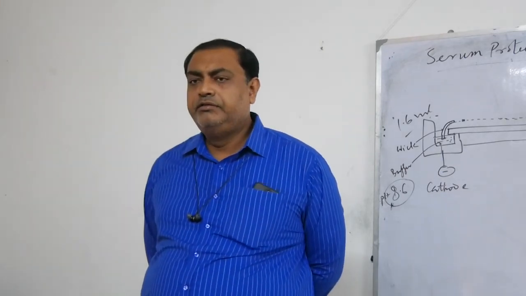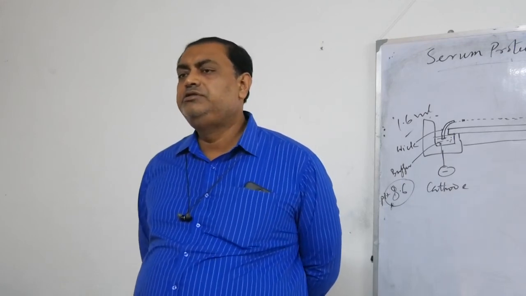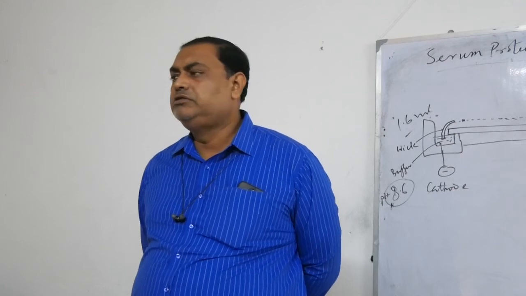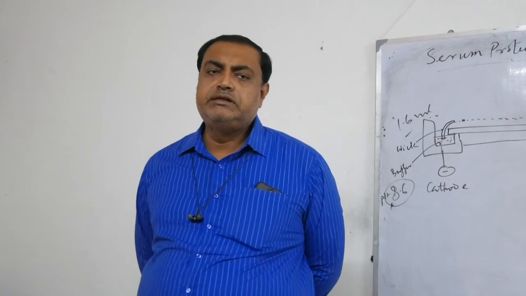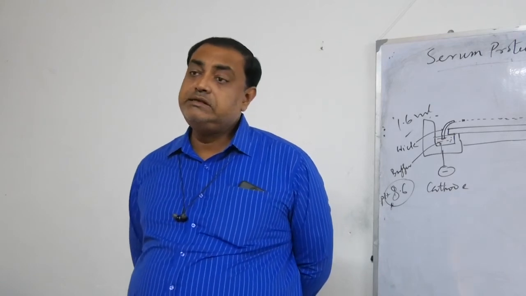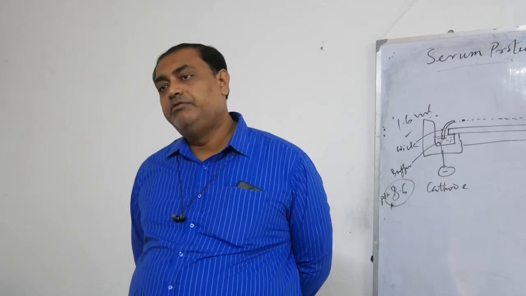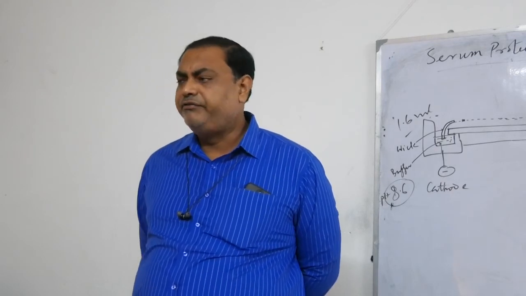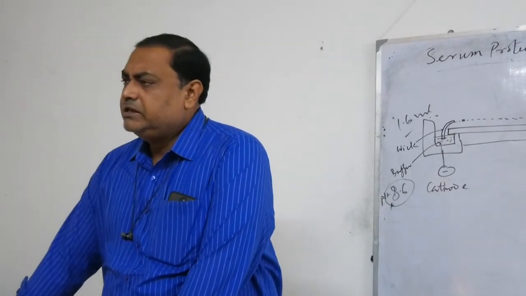For viewing, for many days, there was an instrument used called a densitometer. Nowadays it is not used. By using a densitometer, we could measure the density of the color, meaning how much protein is present. From there we can give a rough estimate of the amount of protein present in the slide.